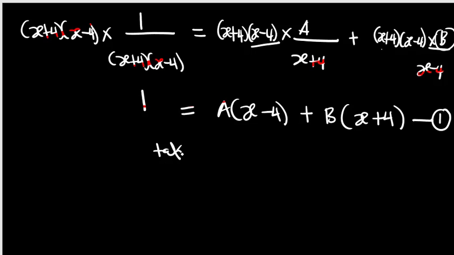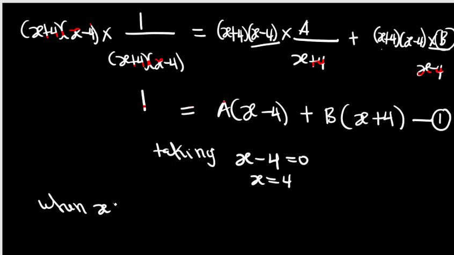So taking, let's say, x minus 4, we equate it to 0. So this will be equal to 0. We are going to get x to be equal to 4. So now when x is equal to 4, we substitute that into equation 1.